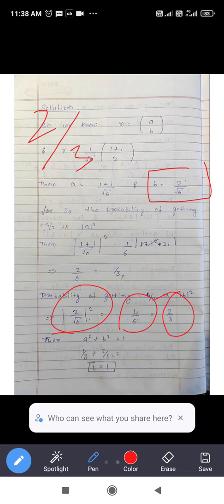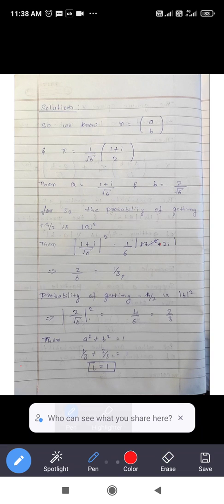Okay, so we add these two probabilities, we get 1. Already you can see in the previous class, a square plus b square is equal to 1. A square is the probability of the spin up particle, plus b square is the probability of the spin down particle, which is equal to 1.